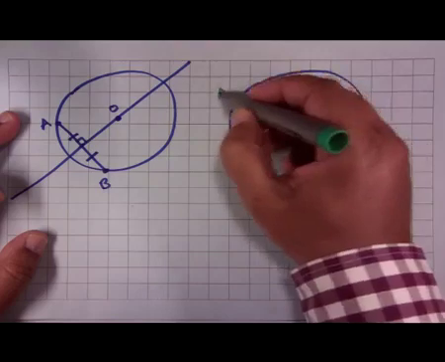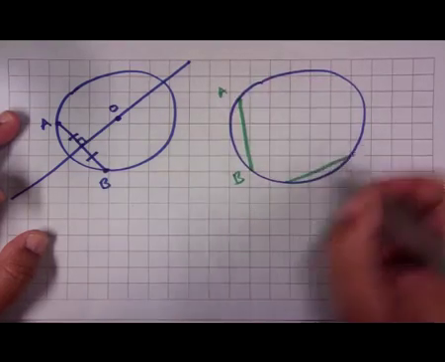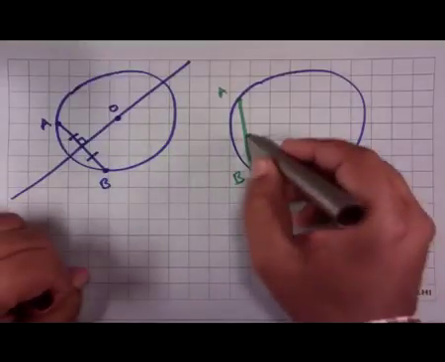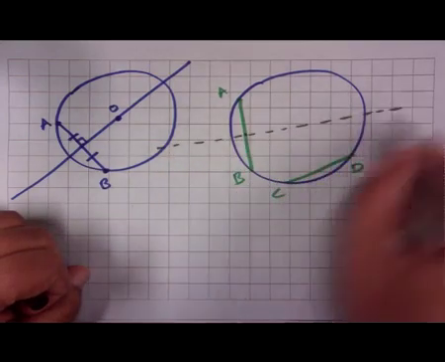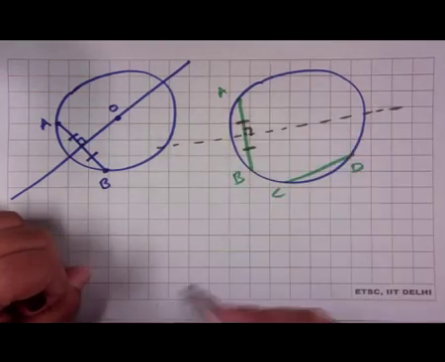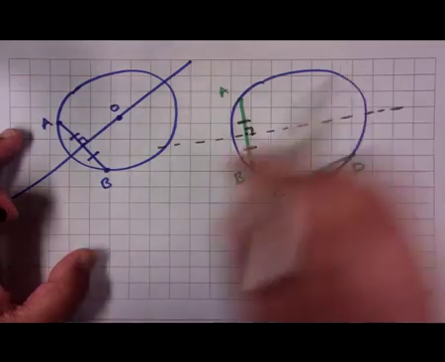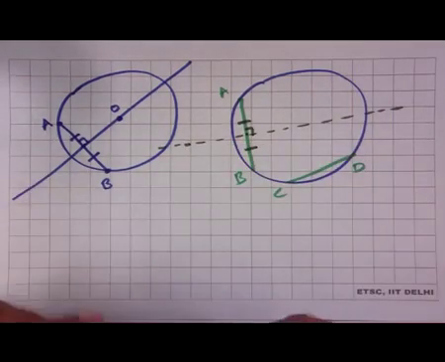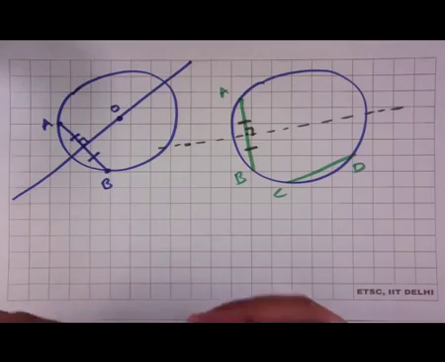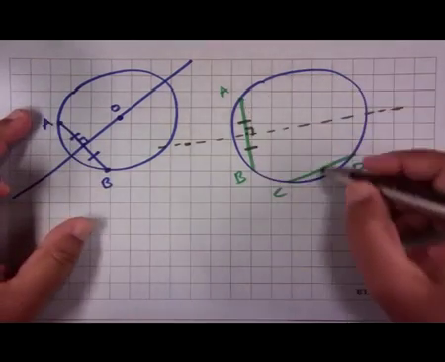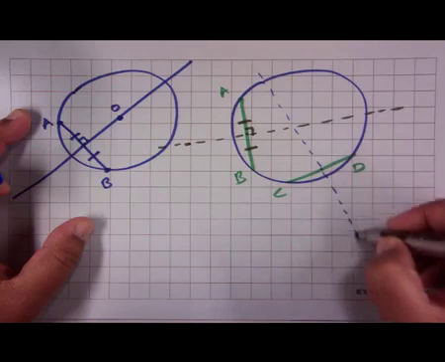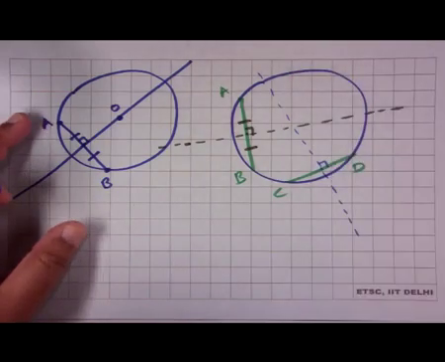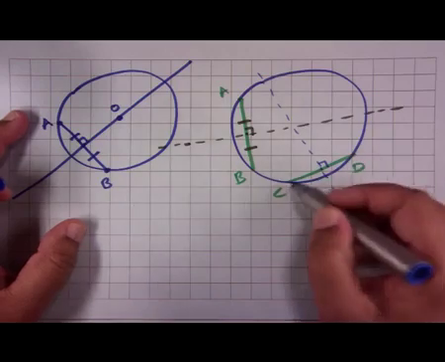So, this is one chord, this is another chord, and then we construct the perpendicular bisectors for both these chords. The black dotted line is the perpendicular bisector of the chord AB, and this other blue dotted line is the perpendicular bisector of the chord CD.